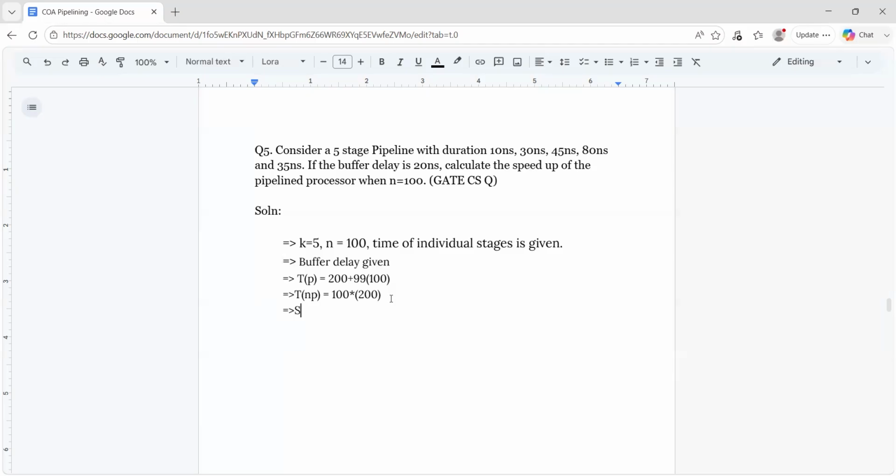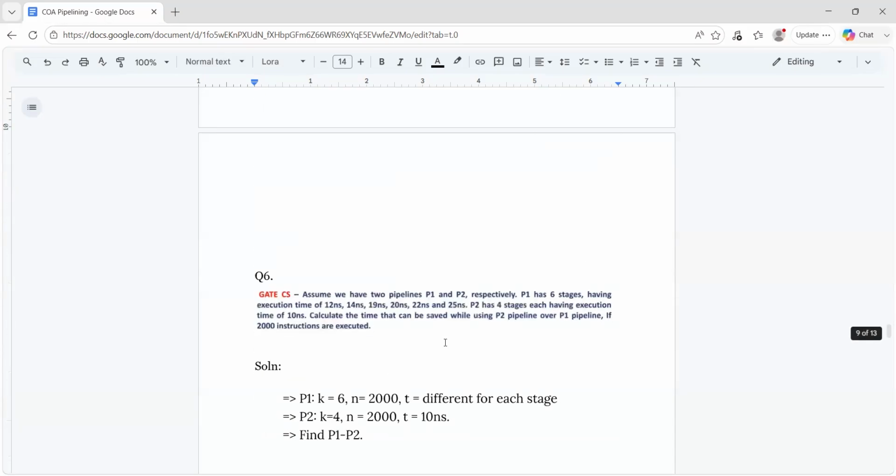And finally, the speed up. It is simply the time of non-pipeline divided by the time of pipeline, which I would approximately get as 1.98, approximately equal to 2. So this is also a simple question. We have to know how to work with this buffer delay, and thus we are able to solve this sum easily.